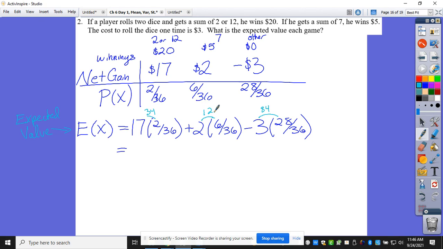Okay. So these together give me 46. So I have a positive 46 and a negative 84, which gives me what? Is that right? 72. Yeah.